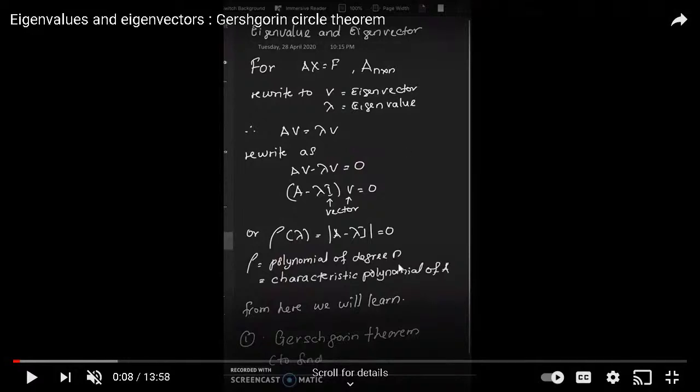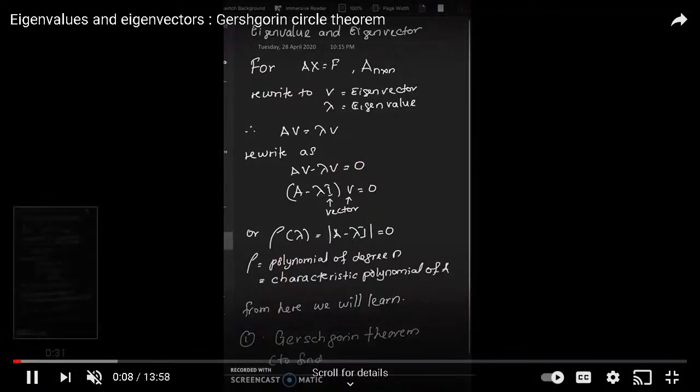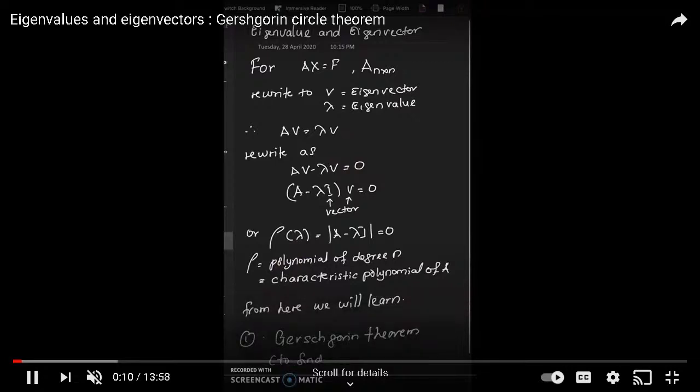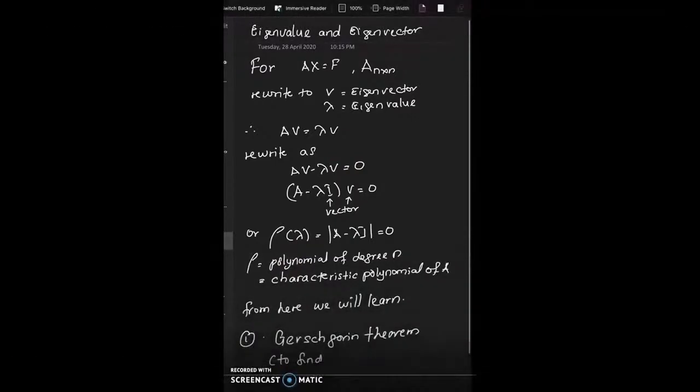Since we know the Gauss-Green theorem to find the region, the area, the location of the eigenvalue, there is a solution to solve Ax equal to F by finding the eigenvalue and eigenvector.